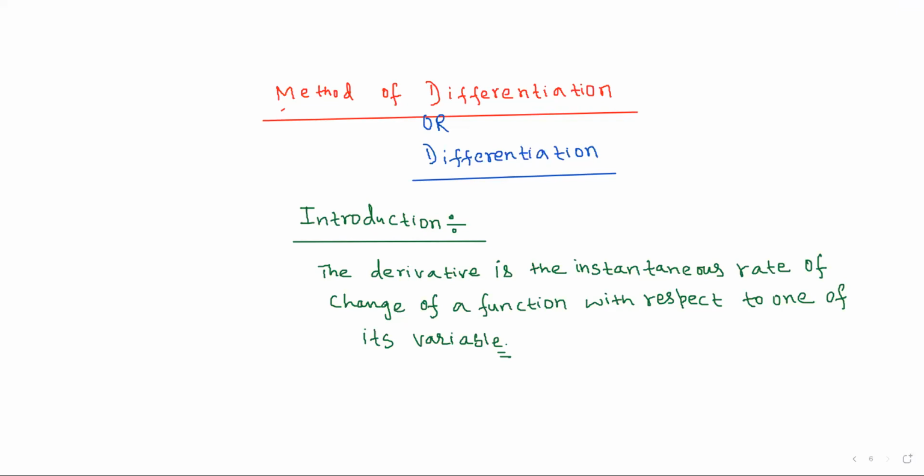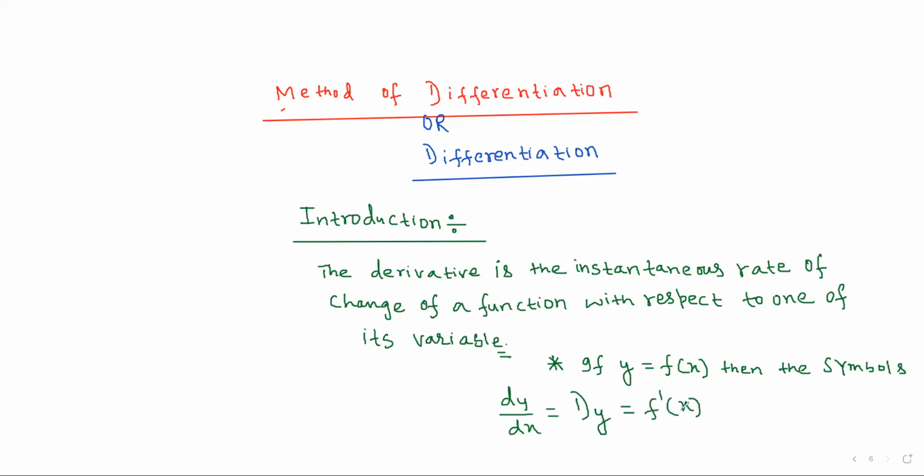Okay. So one important thing, if y is equal to f(x), then the symbol is simply dy by dx, that is equal to capital D y, that is equal to f dash x, that is equal to y1, or you can say y dash.